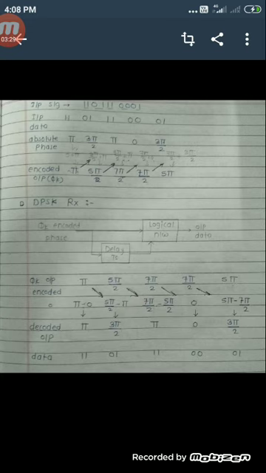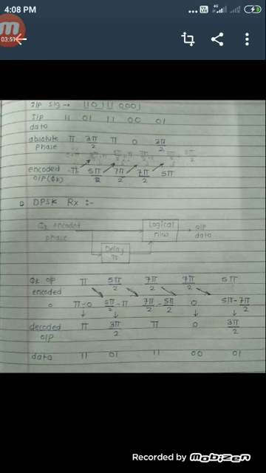That logic network adds the present phase with the previous phase. At the initial condition, if you consider the previous phase to be 0 degrees, then here 0 plus pi, so the encoded output will be pi. That pi will be considered as the previous phase for the next symbol.